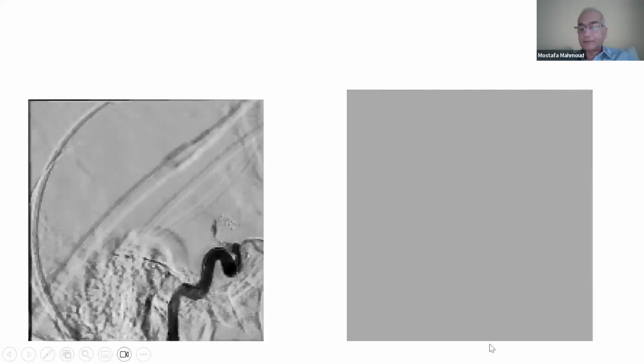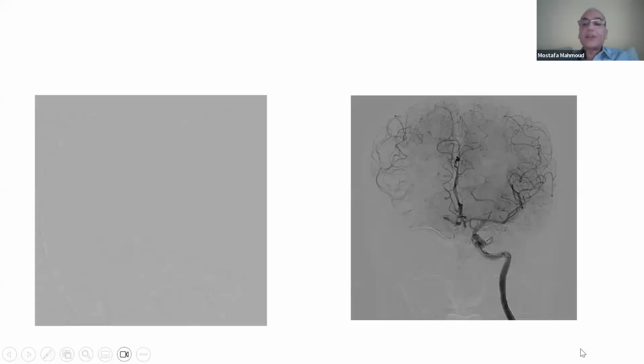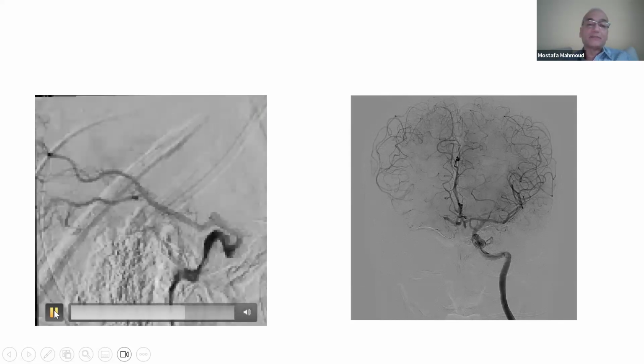And here is the left ICA. The left ICA is vascularizing the right hemisphere via the ACOM. So stop here. No need to go further.